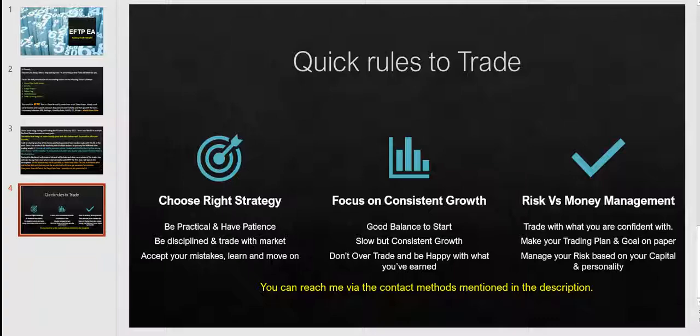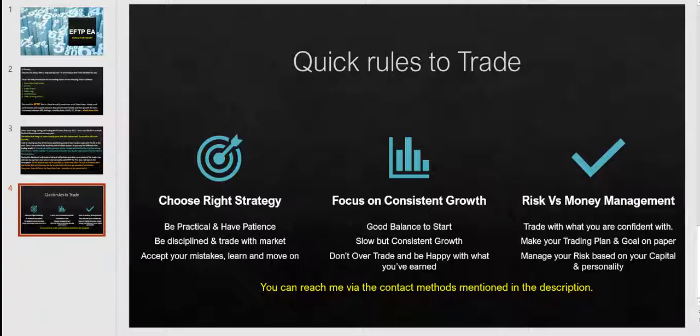Risk versus money management is very important, right? Trade with the strategy or the EA, or whatever you're confident with. It is not something that you see other people are comfortable with. Trade with something that you are comfortable and confident with, and make your trading plan and goal on paper. It is not something that you just be flexible on. Like, oh, I have already made a profit of 50, okay, let's go for 10 or $15 more.